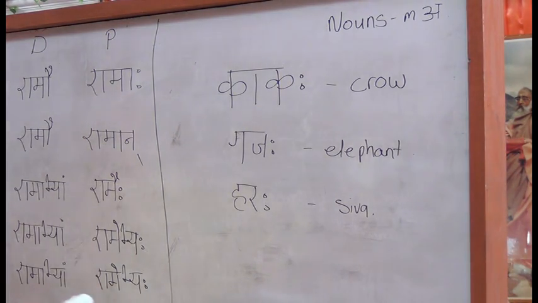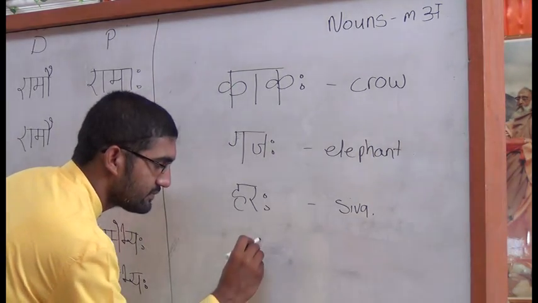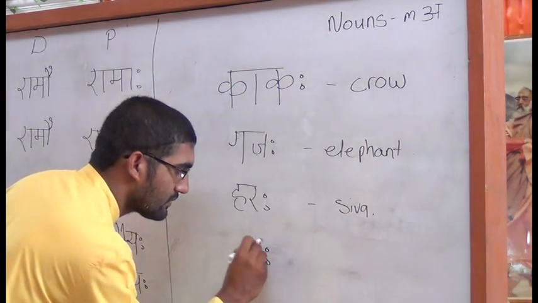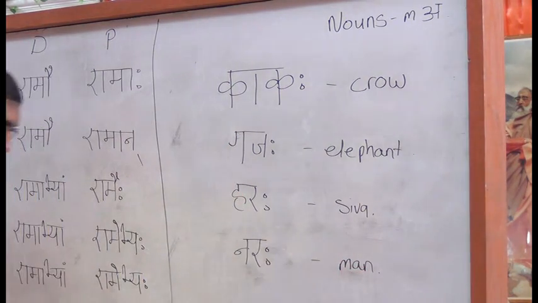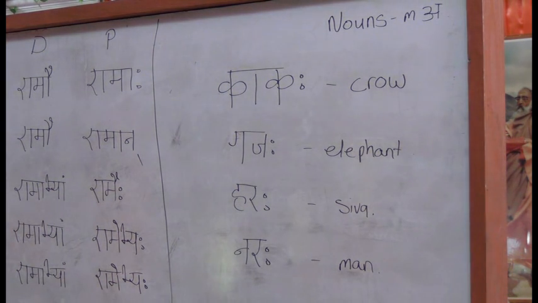Four words. Kakah, crow. Gajah, elephant. Harah, Shiva. And Narah, man.